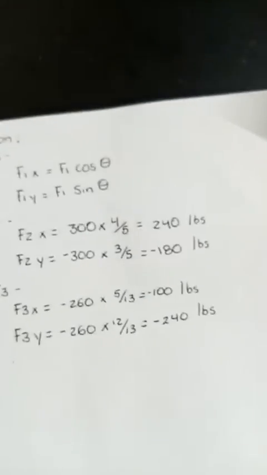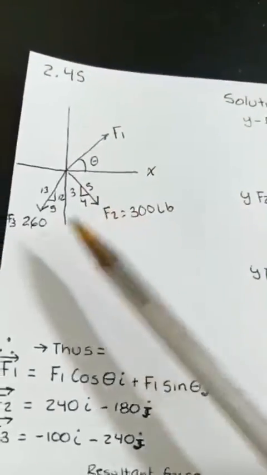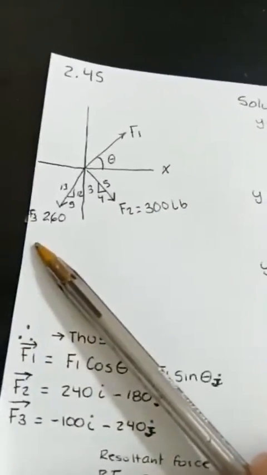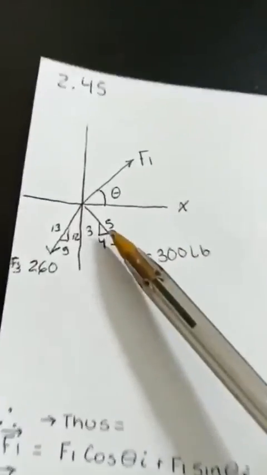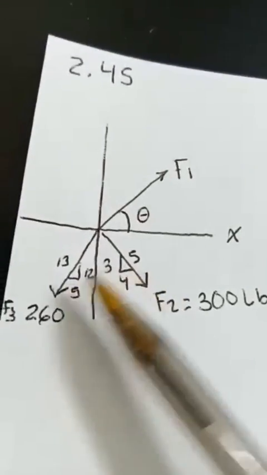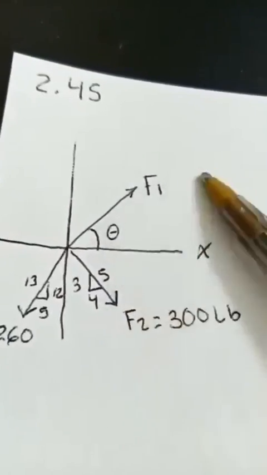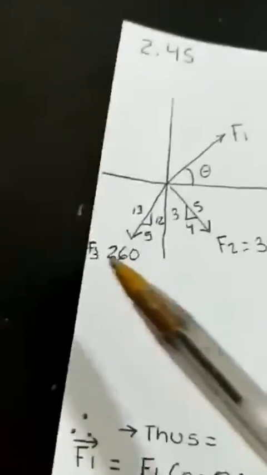As you can see, the next step is grabbing all the forces, which are F1, F2, and F3, that have their values. As you can see, we have two triangles here. We have an angle right here, which is theta, and F1, F2, and F3.